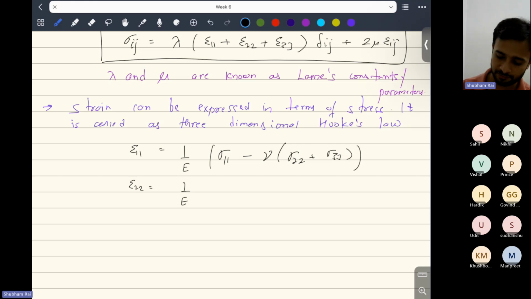There is also a physical significance of E and nu. That's why combining Lamé's parameters in a certain way is used.